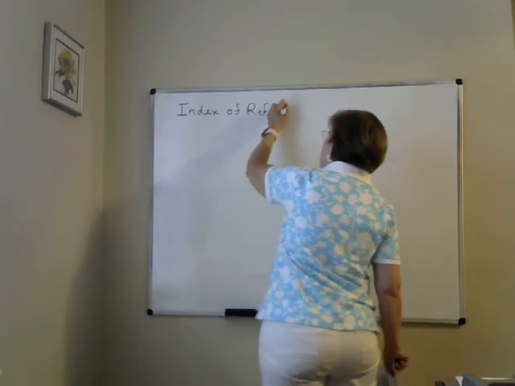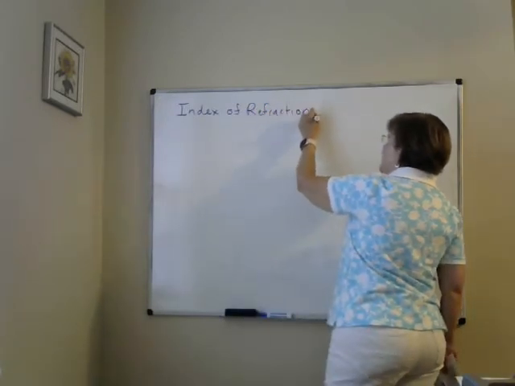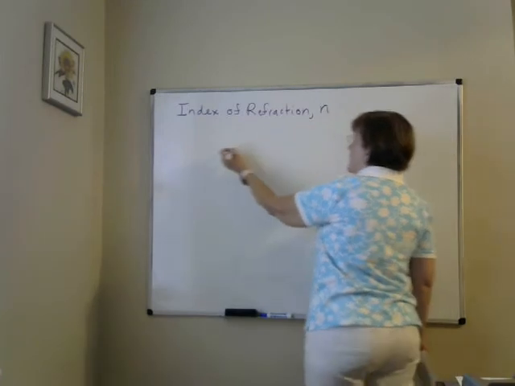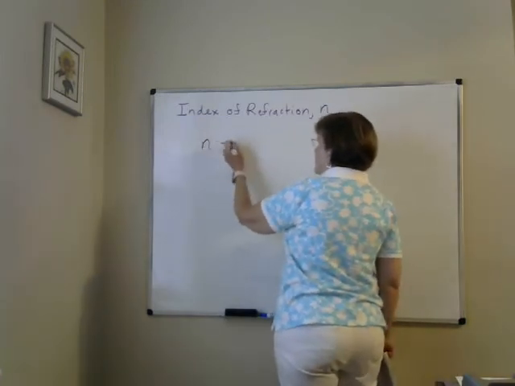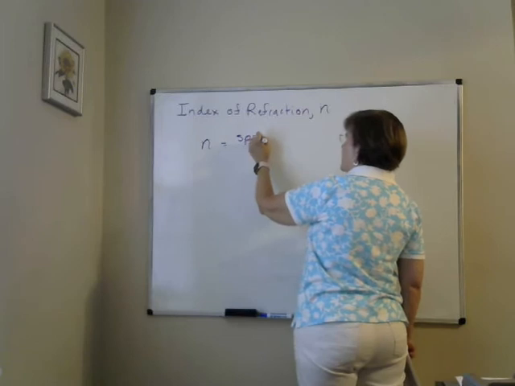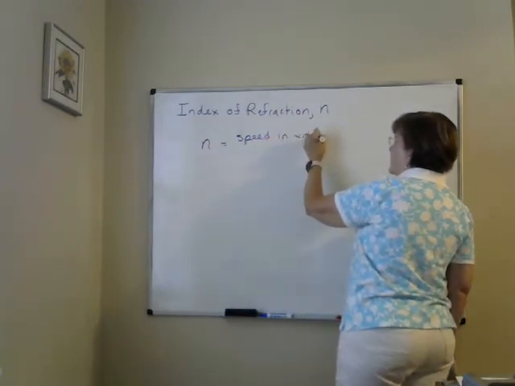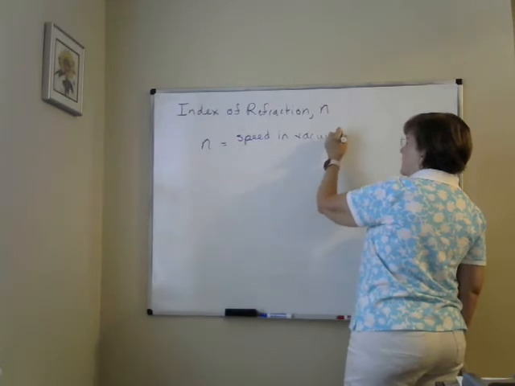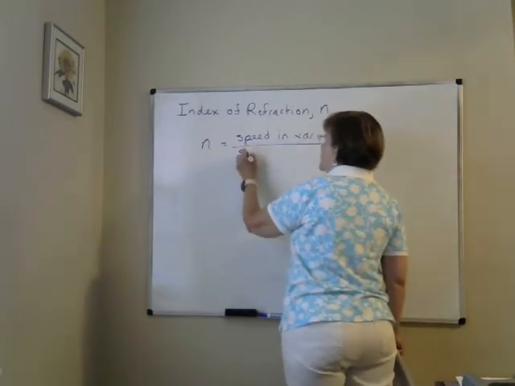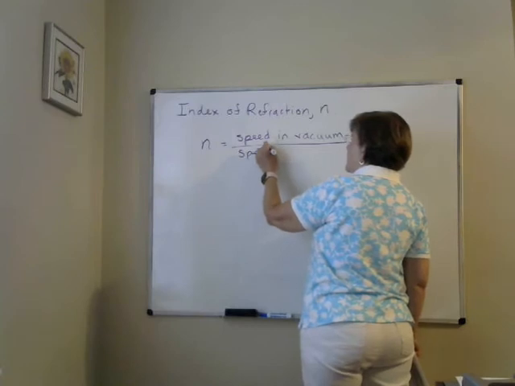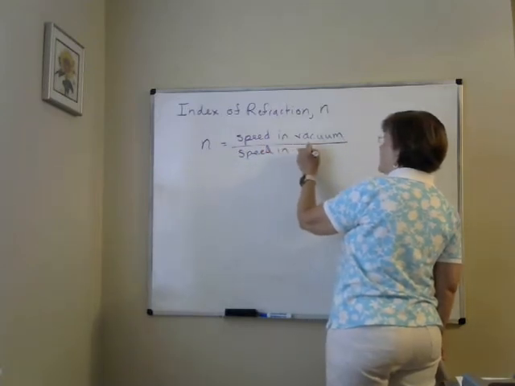And the index of refraction is represented with just a lowercase n. And n is equal to the speed of light in a vacuum divided by the speed in the material.